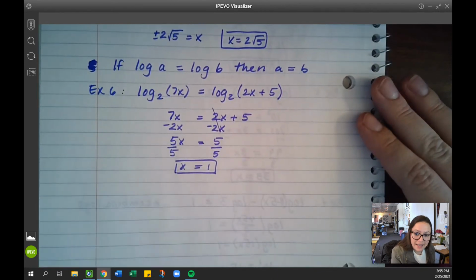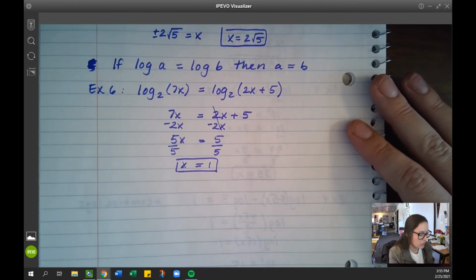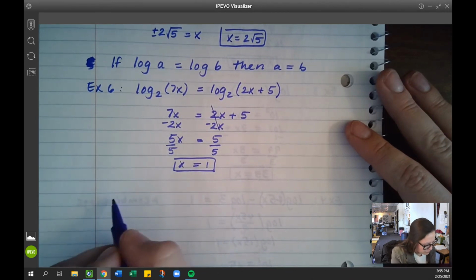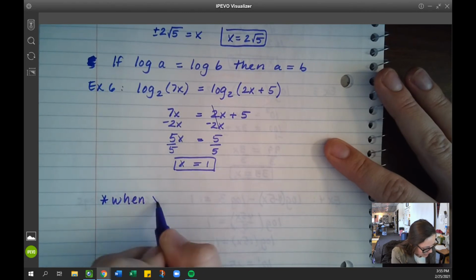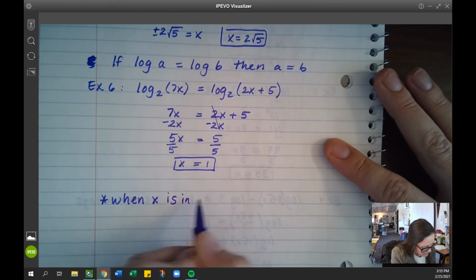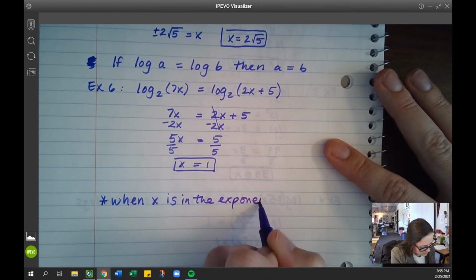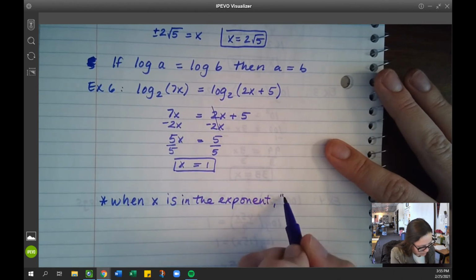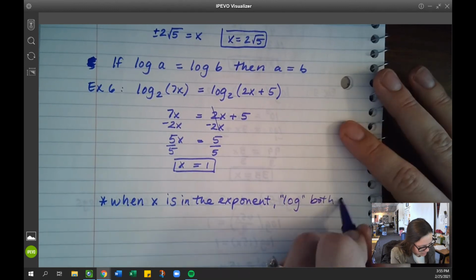Okay, last thing. We talked about how exponential equations and logarithms are inverses of each other. So here's the key idea. When x is in the exponent, log both sides.